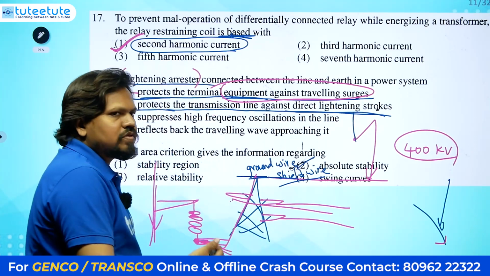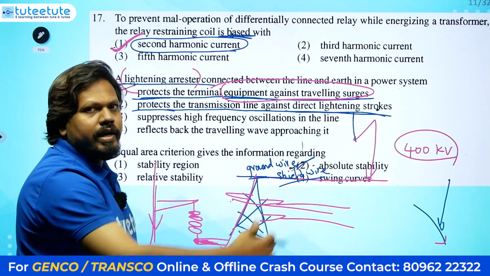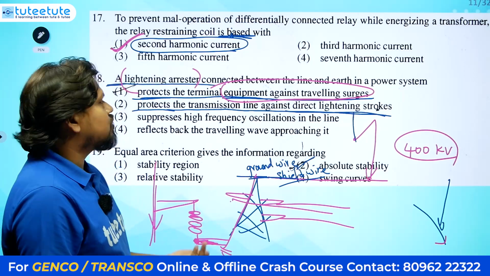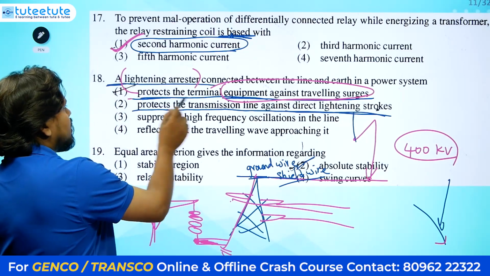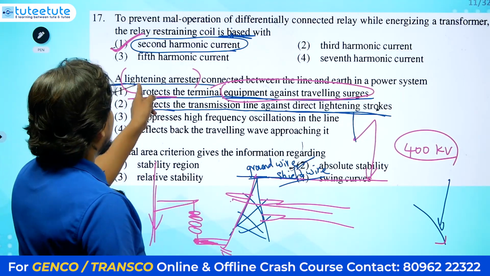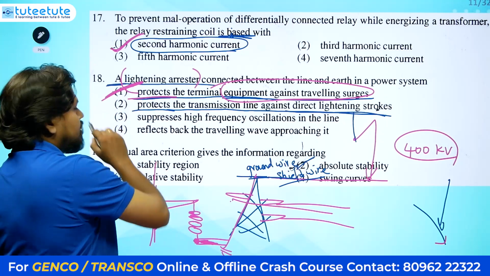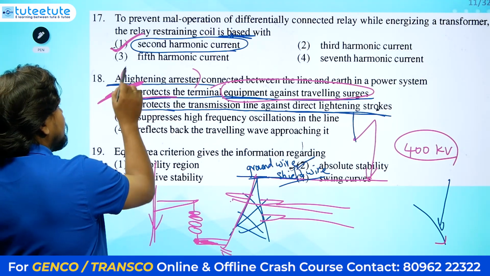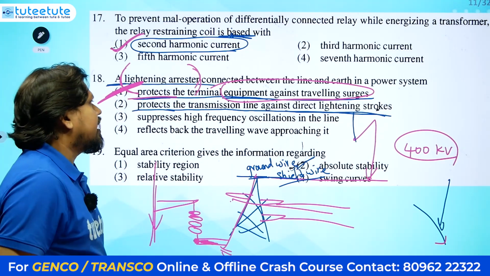That voltage will travel along some length of the line, and all of it has to be suppressed. So to protect against this, we have to give lightning arresters. Sparks will be produced at that time, and they have to be suppressed using lightning arresters.